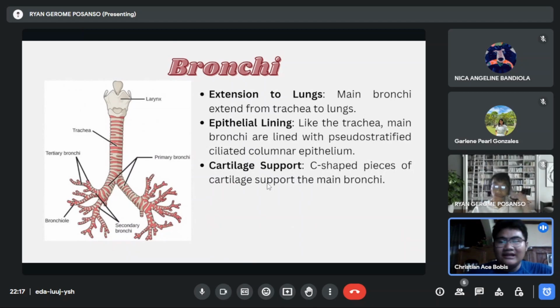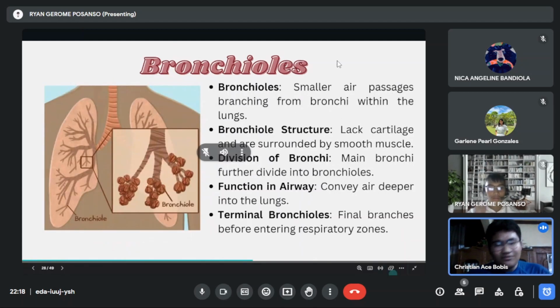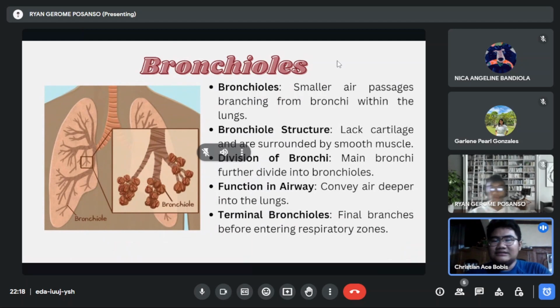Next, the epithelial lining. Like the trachea, the main bronchi are lined with pseudostratified ciliated columnar epithelium, and the cartilage support is shaped as C-shaped pieces of cartilage that support the main bronchi. Now to the bronchioles. The bronchioles are smaller air passages branching from the bronchi within the lungs.